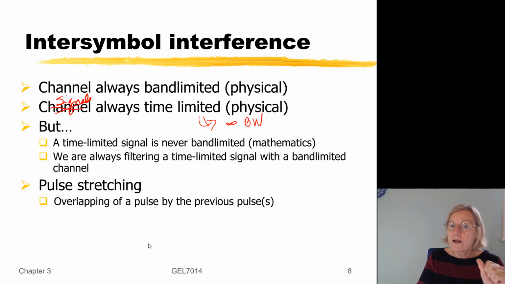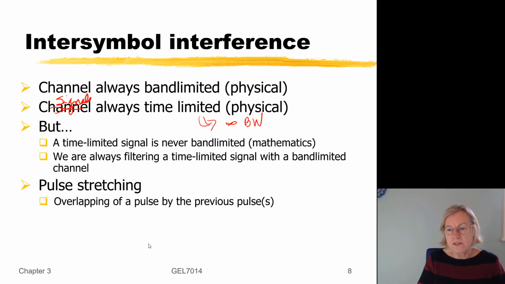I said it won't crush it. If it crushes it, that means we have a whole lot of cutting of the signal. But in any case, if it is band limited, that means it's going to lead to stretching of the pulse. And because of this stretching of the pulse, we're going to get overlapping of pulses.